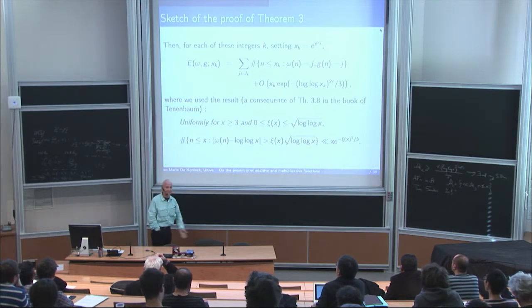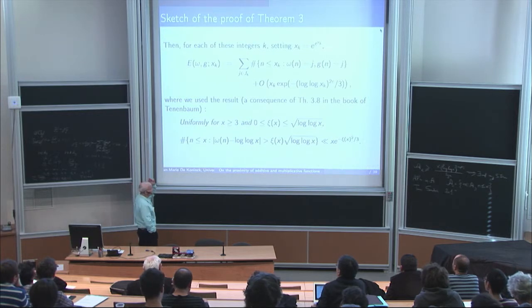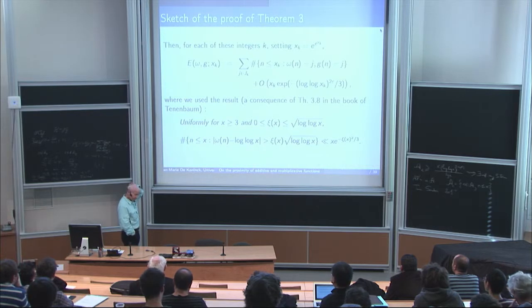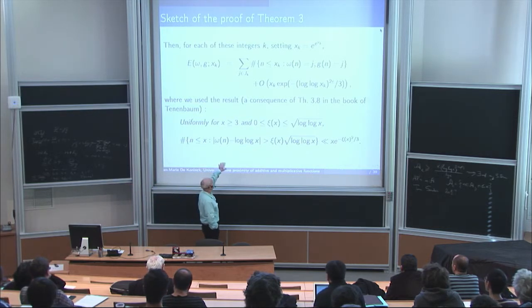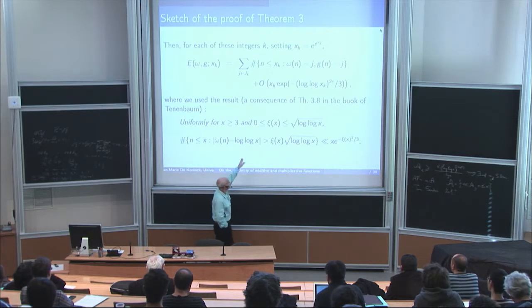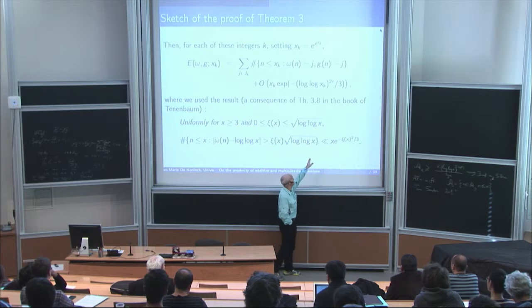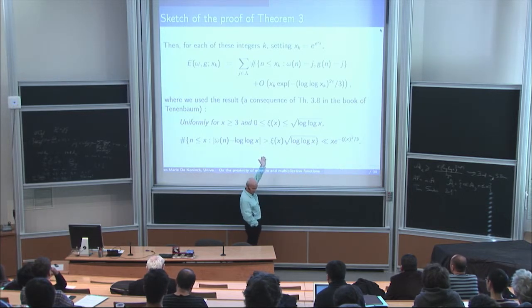Now, those outside are not very numerous. For this, I use a result of Tenenbaum in his book on analytic number theory, the 2008 edition. He has a result, a consequence of which is this one. We all know that this quantity here is small o of x, as soon as psi of x goes to infinity.